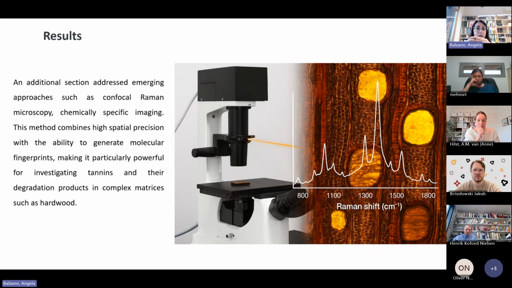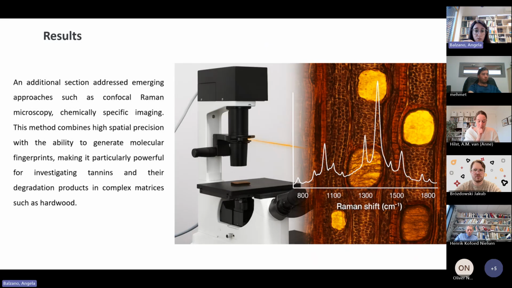And additionally, I searched for other technologies like confocal Raman microscopy, which is quite specific for chemical identification of the tannins.